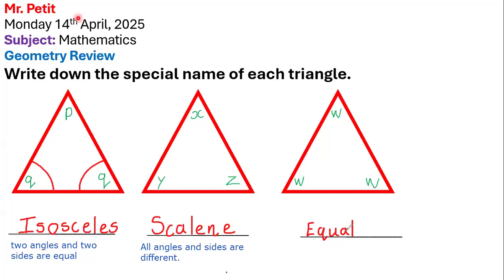Is it I or A? It's I. Equilateral. Then L, then A, then T, E, R, A, L. Very good. Equilateral triangle.